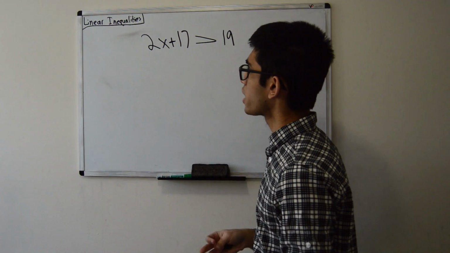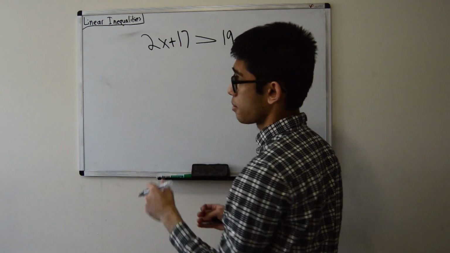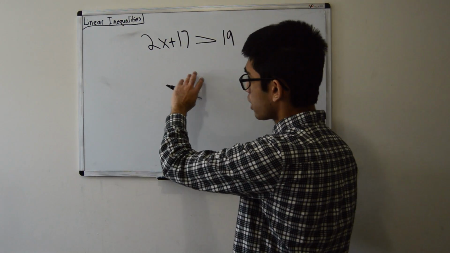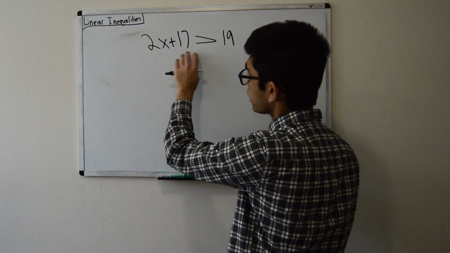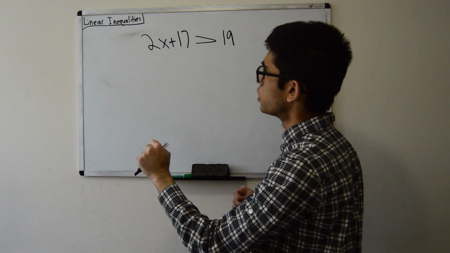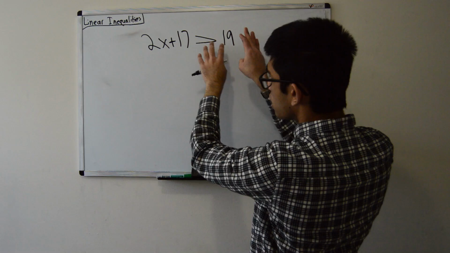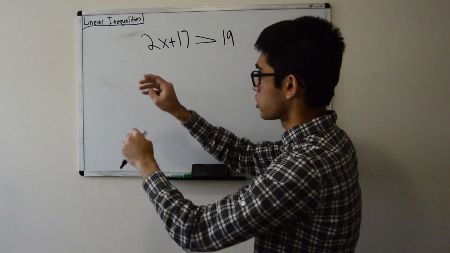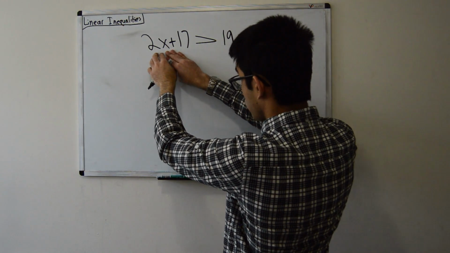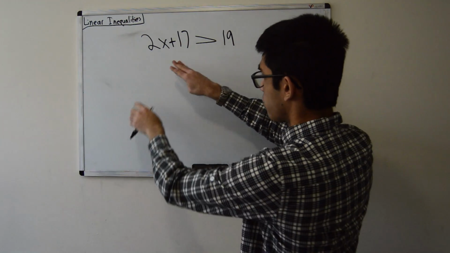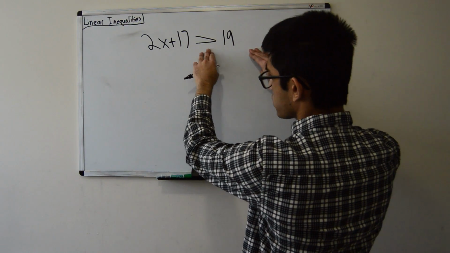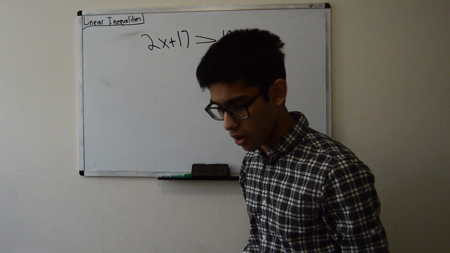So what we're trying to find is what values of x I can plug in that would allow this inequality to be true, that would allow this side to be greater than this side. I'm going to look for the numbers for x which I can plug in that will make this side greater than this side. That's my purpose. That's what an inequality does.